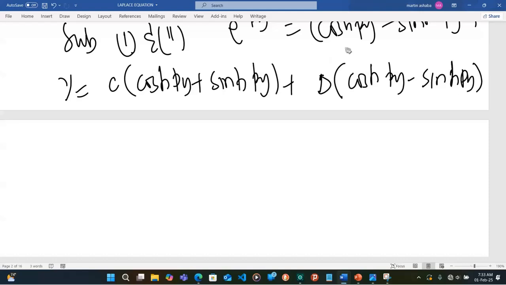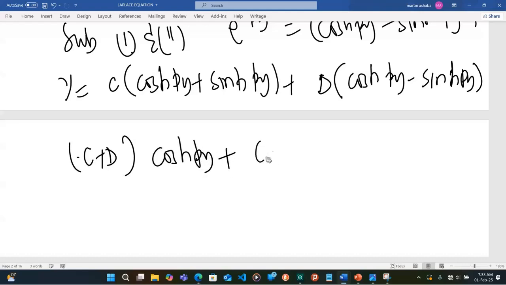So if I reorganize this, I'll have c plus d times cosh py plus c minus d times sinh py.